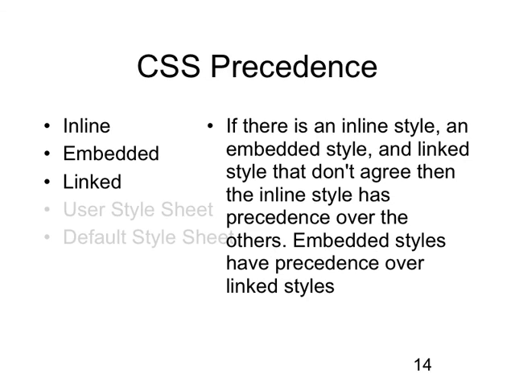Now, there's a precedence, okay? This is where the cascade in cascading style sheet comes from. Let's say you have an inline style that says a piece of text should be blue.